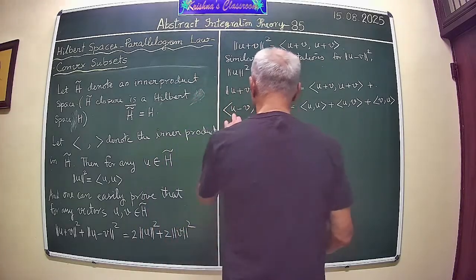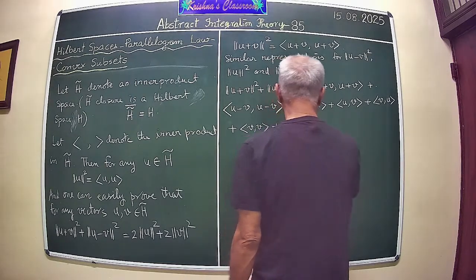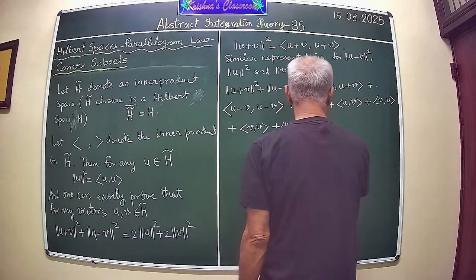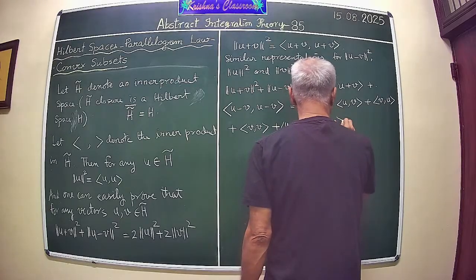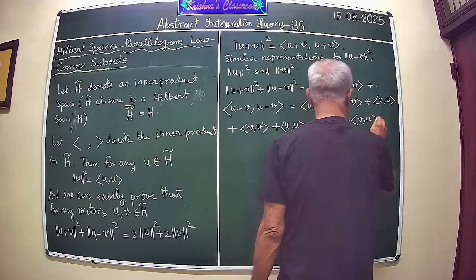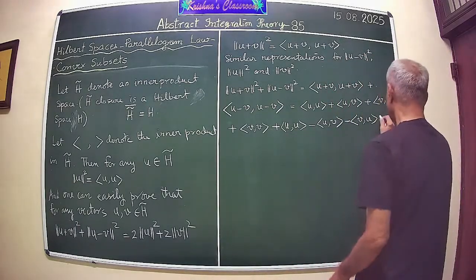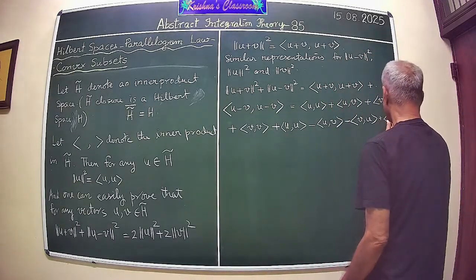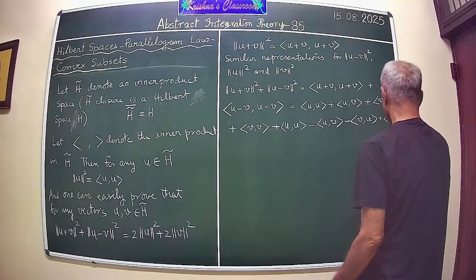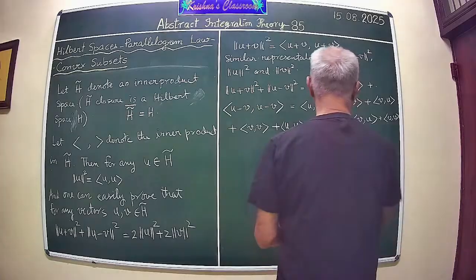plus this part, namely UU minus EU plus, and here you see that there is some cancellation taking place.